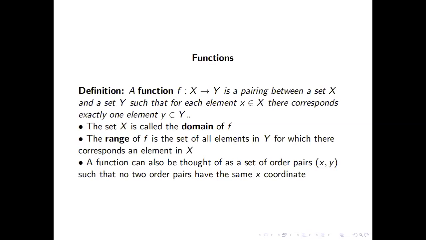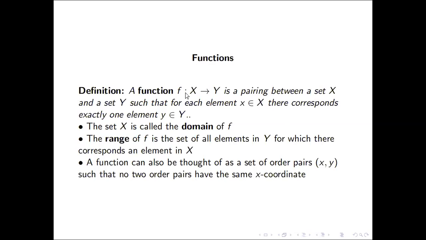A set, not just any set, but a set of ordered pairs, satisfying the following condition, which is equivalent to the condition stated here in the definition, such that no two ordered pairs have the same x coordinate.